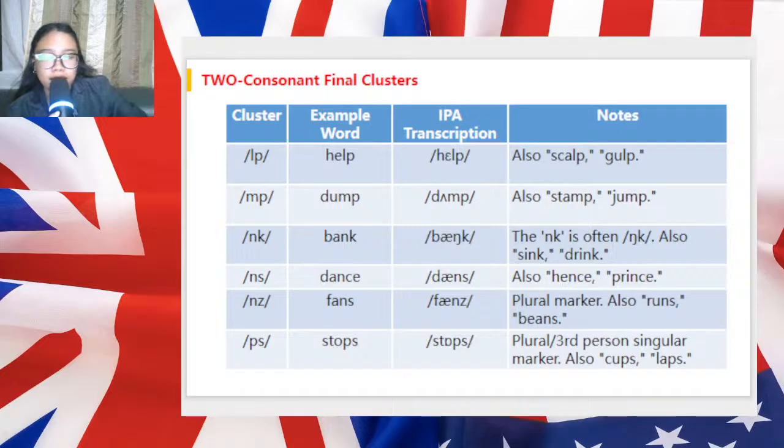It's a continuous flow of air from the nasal end to the S sound. So this cluster is found also in words like hence and prince. Let's try dance, hence, and prince with me. You should ensure that there is a clean NS ending there. There should be an N sound and an S sound, a hissing sound at the end.